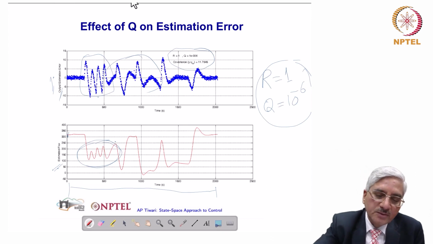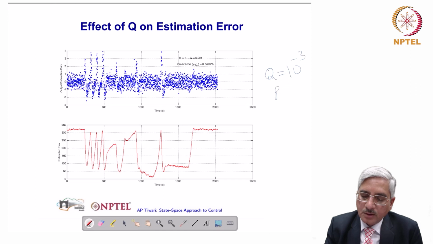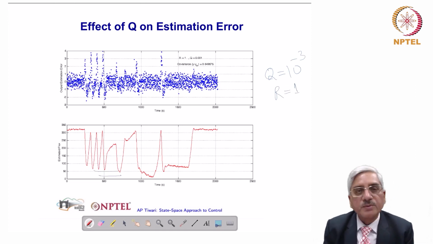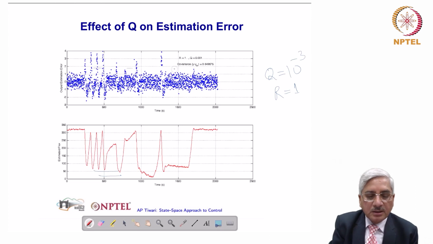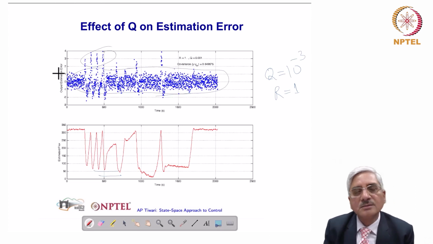So Q is varied, and this result is for the same data set, however for Q equal to 10 to the power minus 3 and R equal to 1. Now the estimation has improved, and this trend is less. It is there, but the amount by which it is present is less.